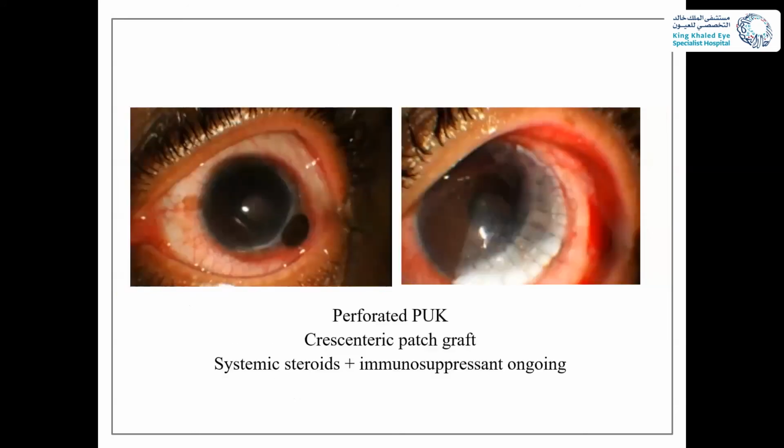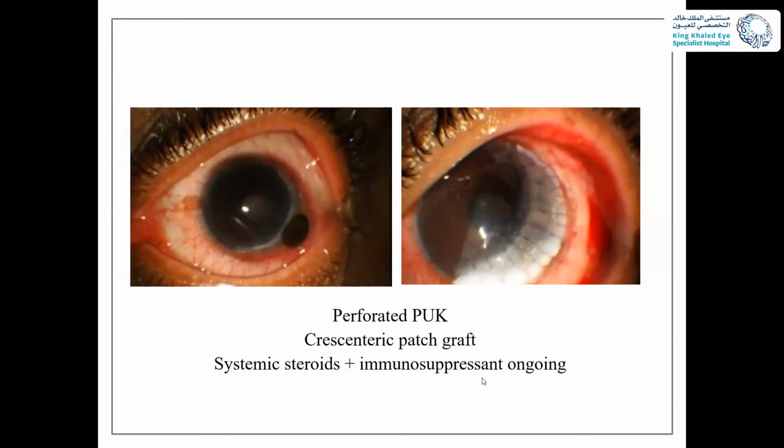Now, if you have a perforated PUK, then patch graft is warranted. I mean, it's inevitable. You have to go for a patch graft regardless of the outcome, because your aim here is to restore globe integrity and not to restore vision. And then you can have a regrafting or visual rehabilitation later on.